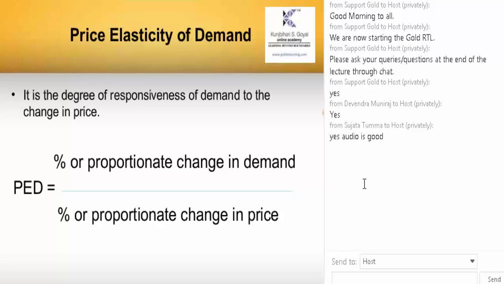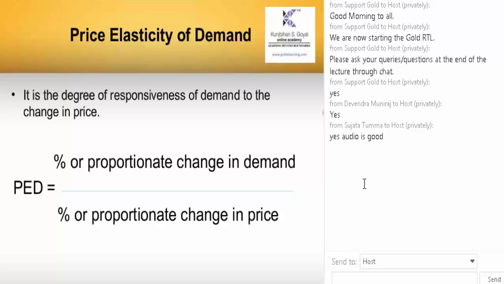We have been given a formula which is very easy. PED, which stands for price elasticity of demand, equals percentage or proportionate change in demand divided by percentage or proportionate change in price. Right? The change in demand has to be divided by the change in price, and that gives you price elasticity of demand.